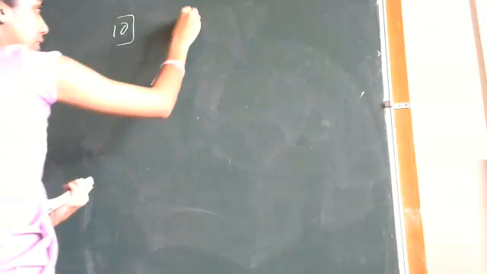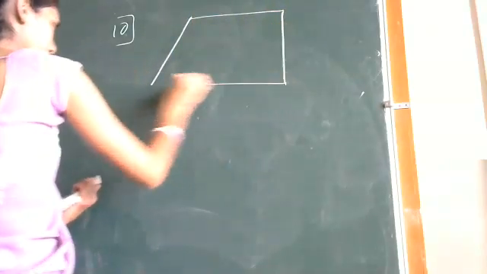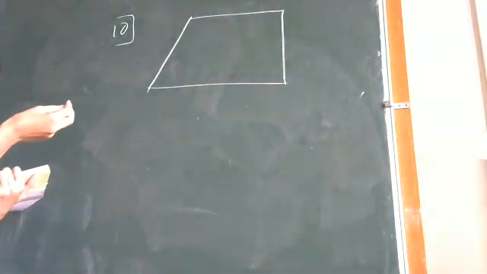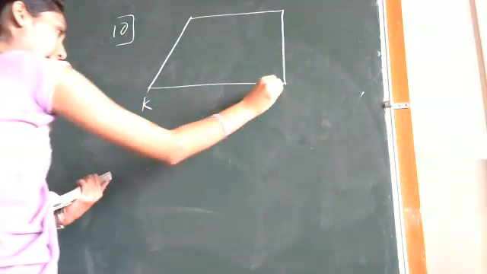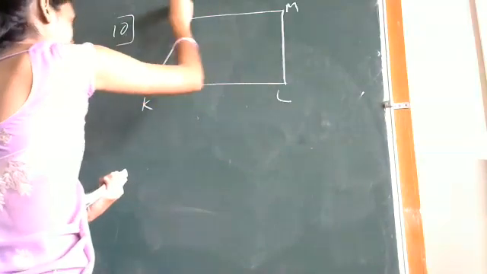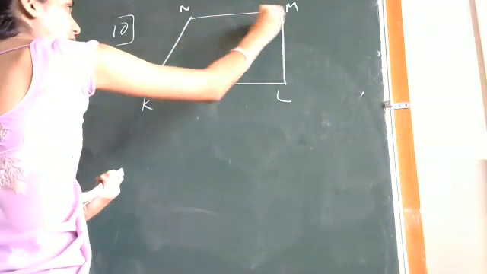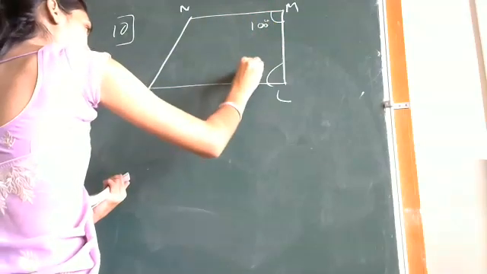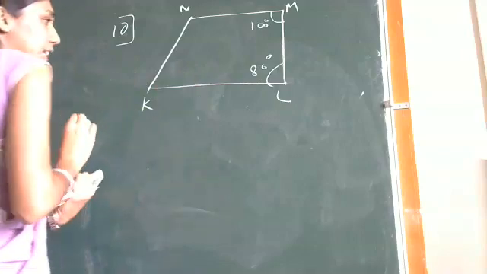So first let me draw the figure. Okay, so this is the figure. What is it named? K, L, M and N. This angle measures 100 degrees and this angle measures 80 degrees. This much only is given.